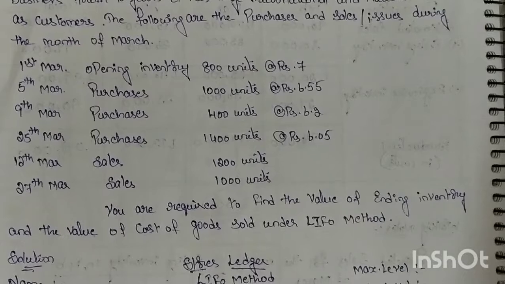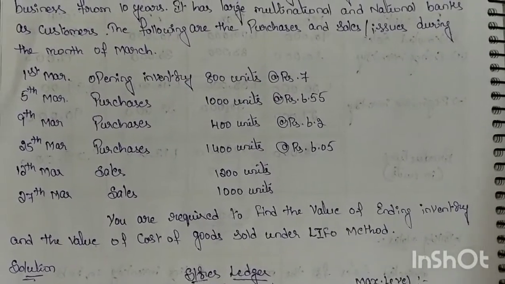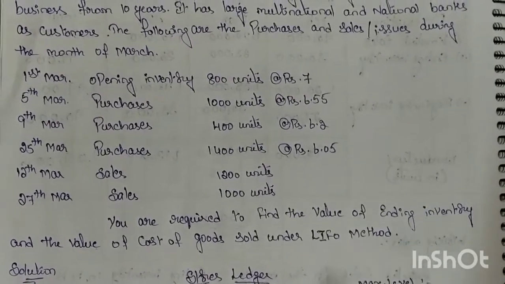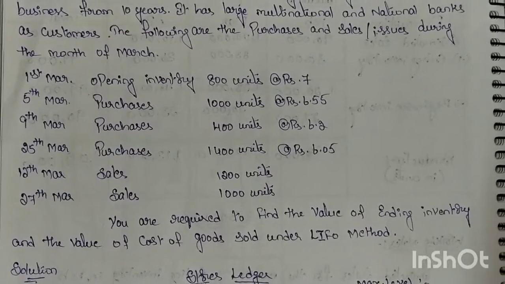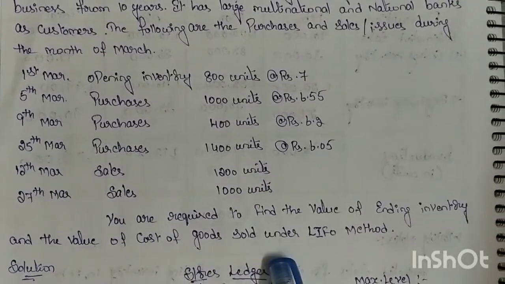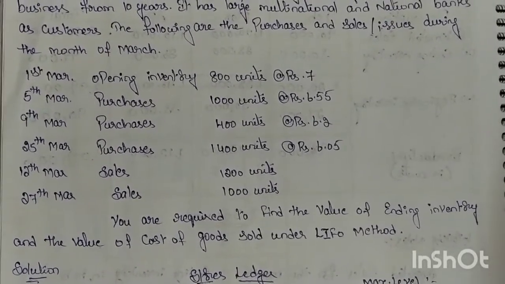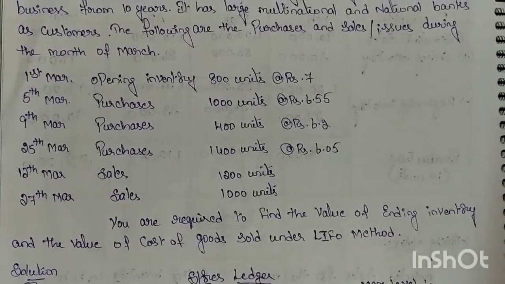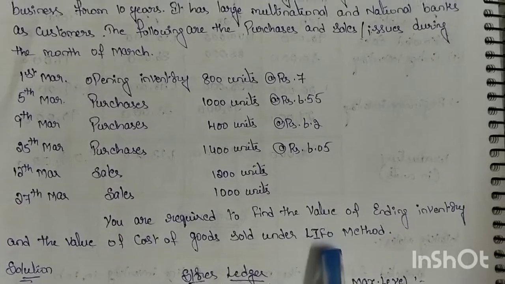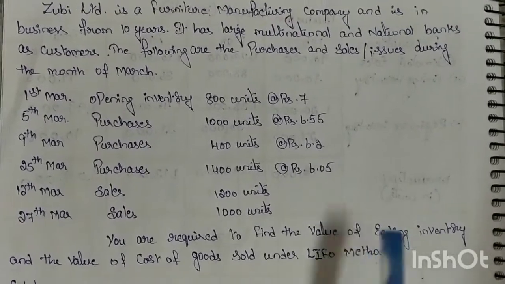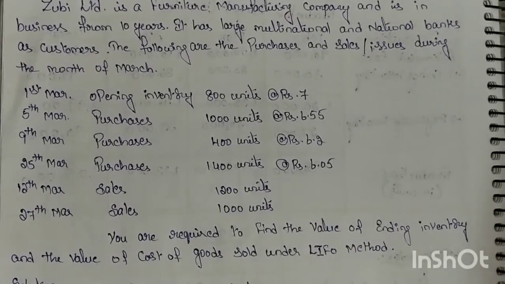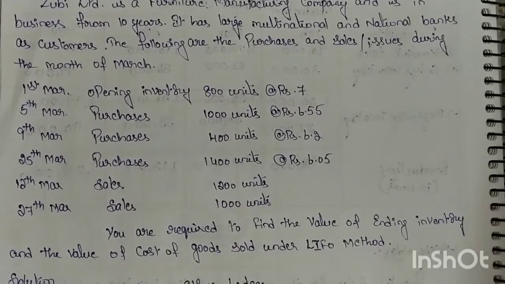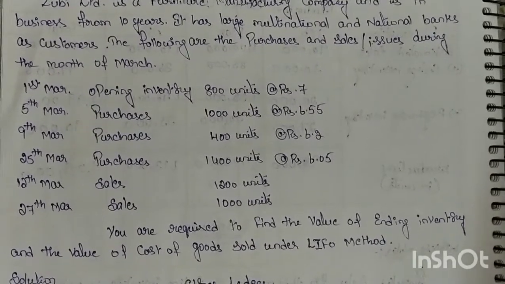That is, at the end of the month, what is the total value of the closing inventory, and what is the total cost of goods sold, meaning for whatever sales or issues they have made. They are asking according to the LIFO method. So with this information you have to prepare the stores ledger according to the LIFO method.